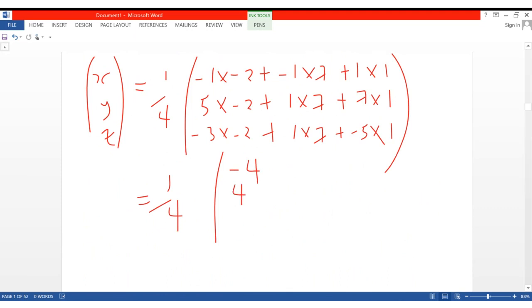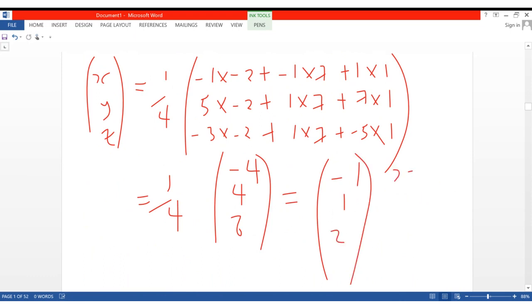And then positive 6 plus 7 minus 5. I'm getting this one as 8. So when you divide, a quarter of negative 4, you'll get negative 1. A quarter times 4, you'll get 1. And then a quarter of 8, you'll get 2. So our x is negative 1, our y is 1, and our z is 2.